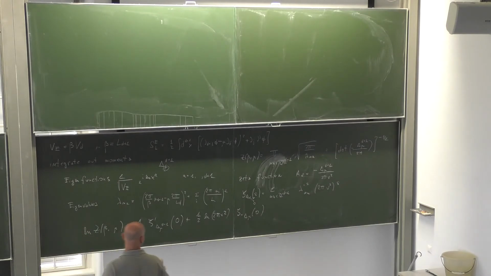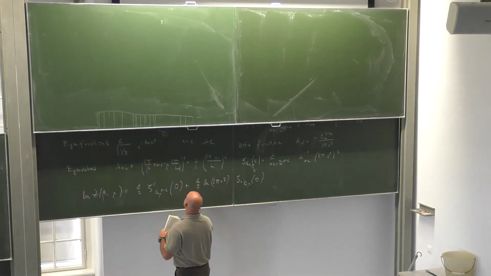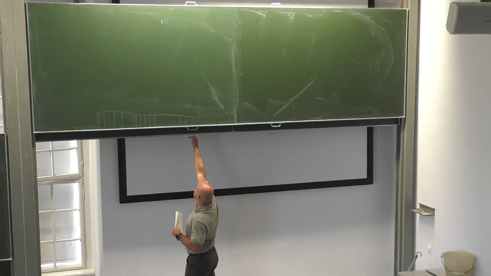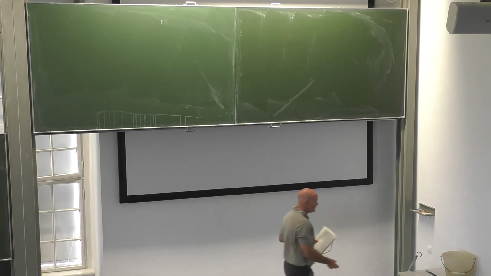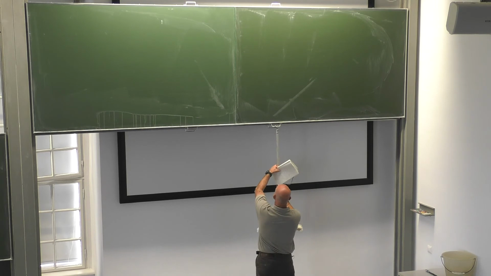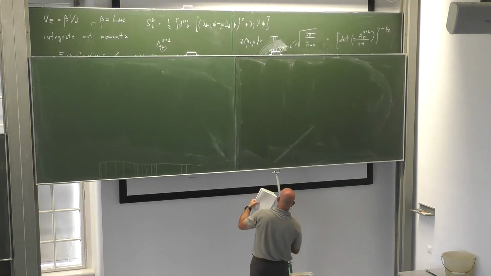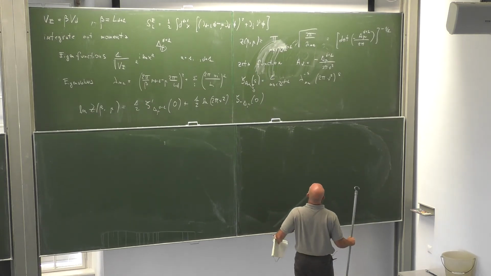Very good. So then it turns out that, and that's what I wanted to say, now this zeta function, which you can do by elementary methods, because you are in one of these rare cases where you know all the eigenvalues exactly, and you don't need to use any approximation methods.